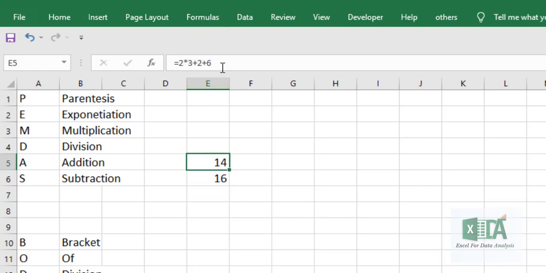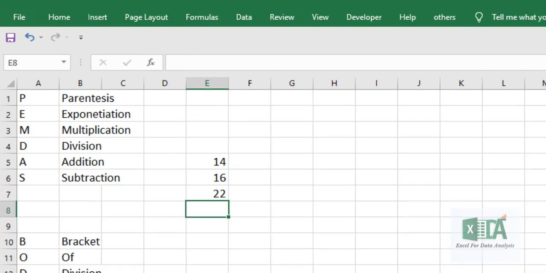Let's copy this same formula here and put the parentheses here. Let's increase this. So you see that each time you change the place where you put the parentheses, you get different answers.